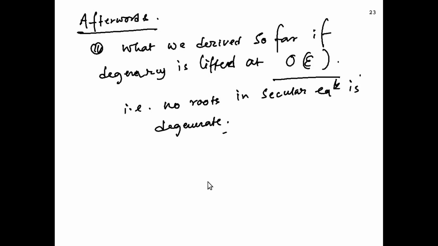Now, here is a little bit of afterwards. What we have derived so far is based on the assumption that the degeneracy is lifted at order epsilon, or that no roots of the secular equation are degenerate.